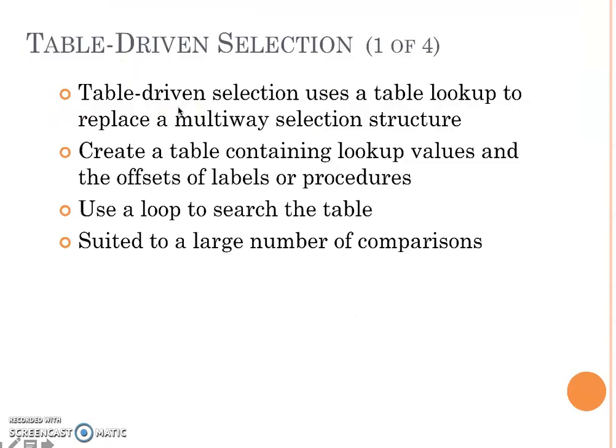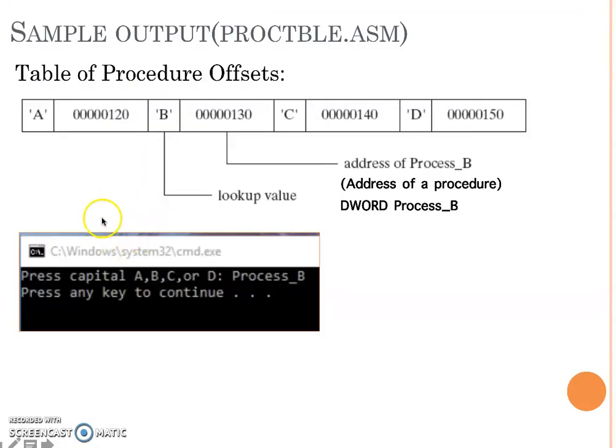It is the same here. We want the user to enter a choice with a letter, and right away I execute that function. But in assembly language we don't call a function, we call a procedure.